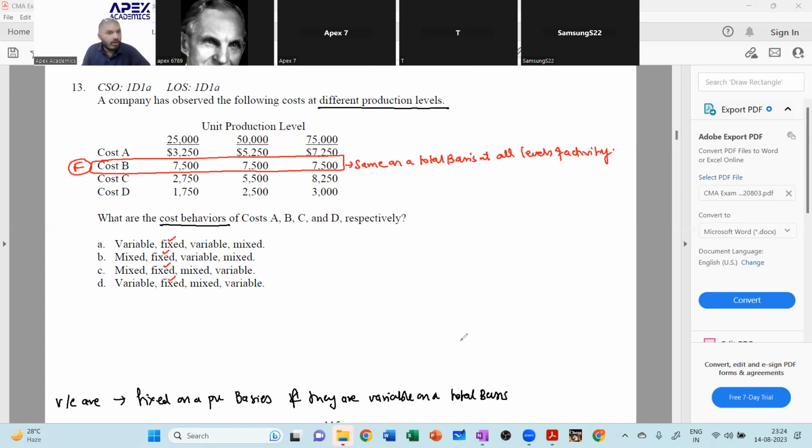So a cost that is not fixed on a per unit basis, but is variable on a total basis, becomes a mixed cost or a semi-variable cost. So what do we know about mixed cost? Mixed costs are unfixed on a per unit basis and they are variable on a total basis as well.